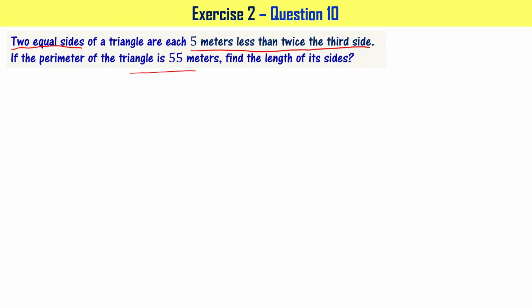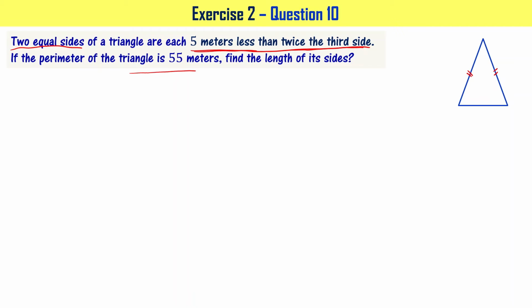Let me draw an isosceles triangle which has got two sides of equal length. Here, these two sides are of equal length. Length of these two sides, if you take each side separately, is 5 meters less than twice the third side.